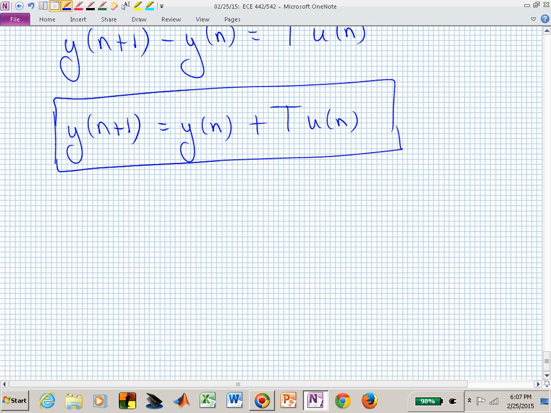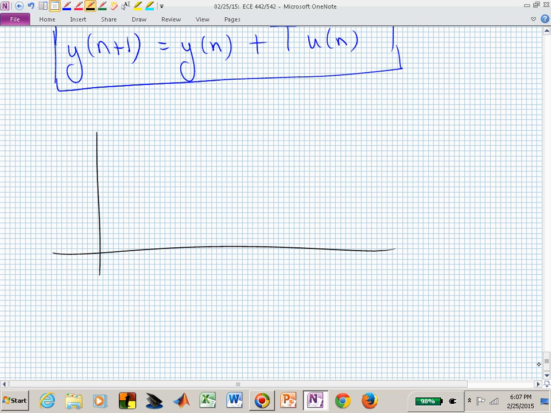Well, let me just draw the following. Suppose that this is u of t, but I'm actually going to be looking at this in a discrete form.